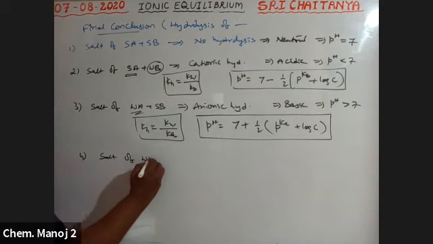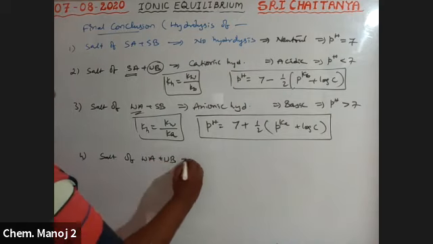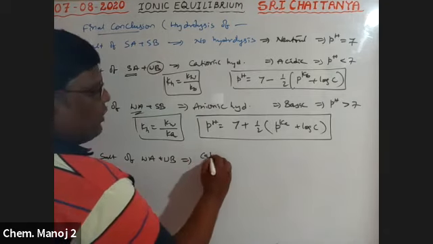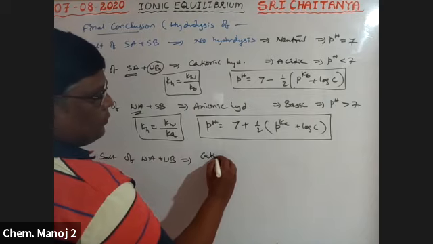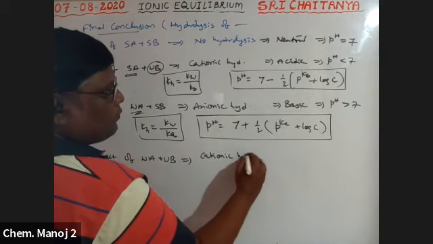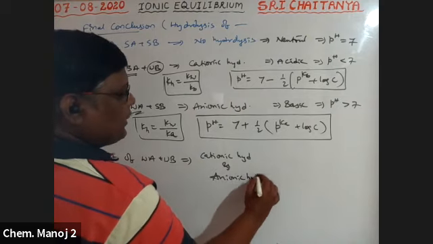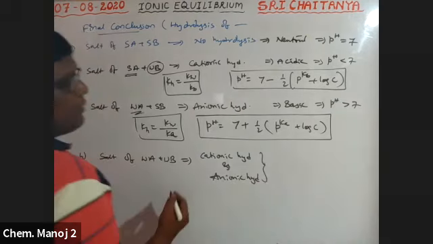Okay. Next, the fourth one: salt of a weak acid plus a weak base. Here both the cation and the anion are involved in the hydrolysis. Therefore, cationic hydrolysis and anionic hydrolysis both take place.